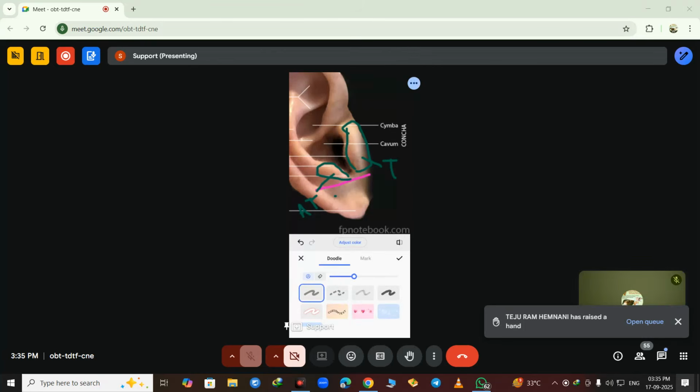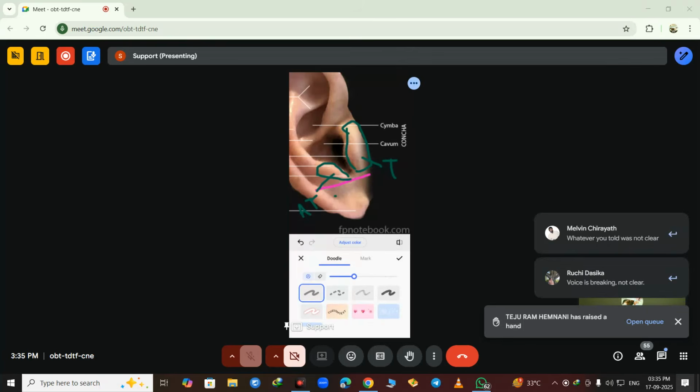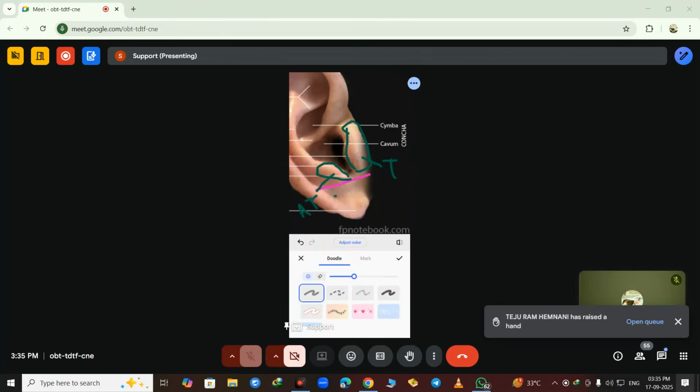ठीक है. Now, everyone pinch your lobe, which is a very soft and nice part. जहाँ पे earring पहनते हैं ना वो लोब है. So everyone pinch your lobe. Every day we have to pinch our lobe, massage our lobe.